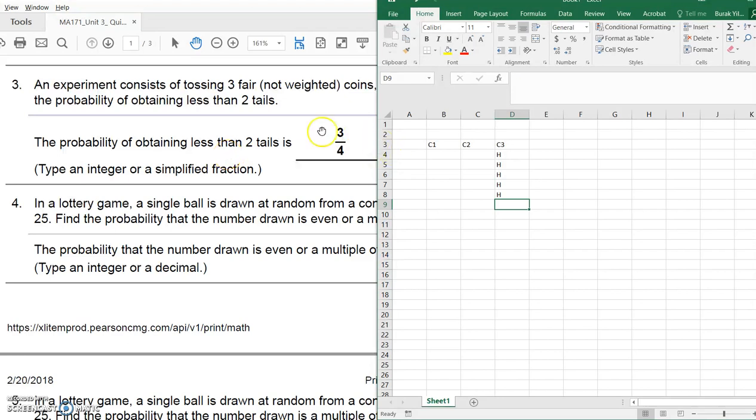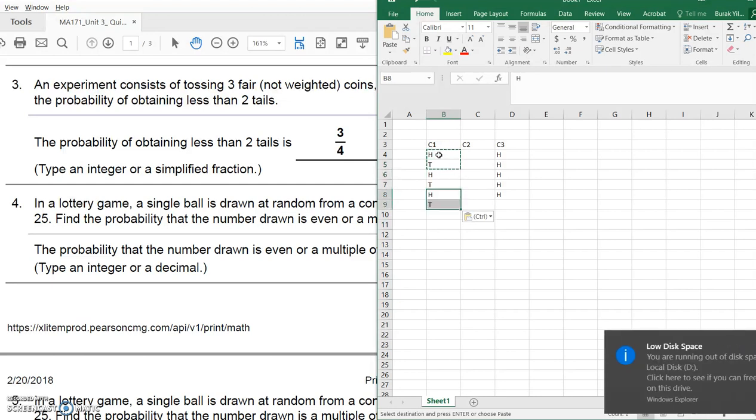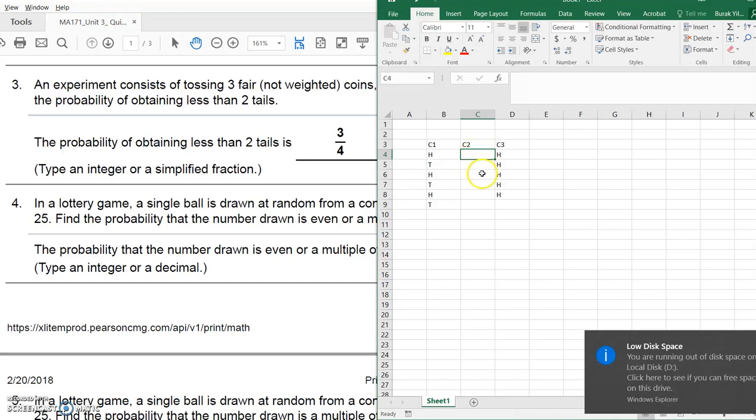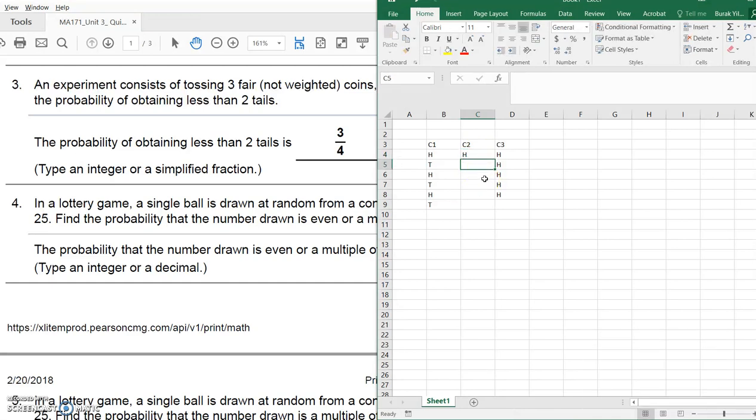First of all, coin 3 is always heads because both sides are heads. Coin 1 can be heads or tails, right? And coin 2 can also be heads or tails.